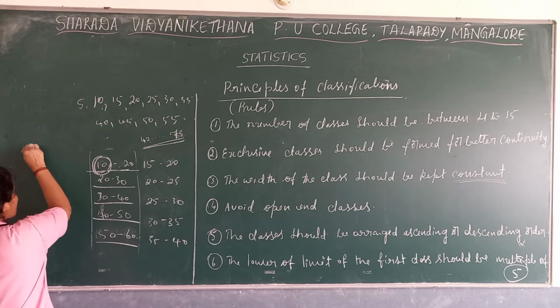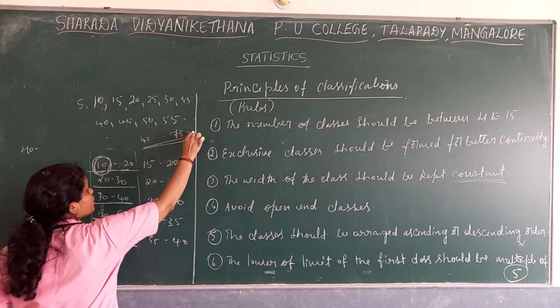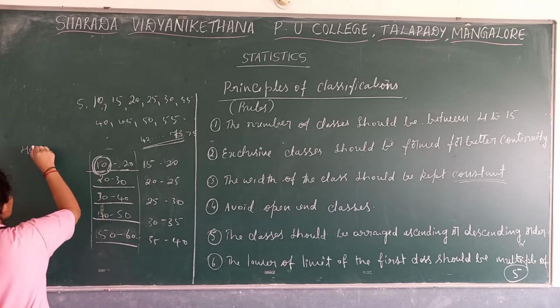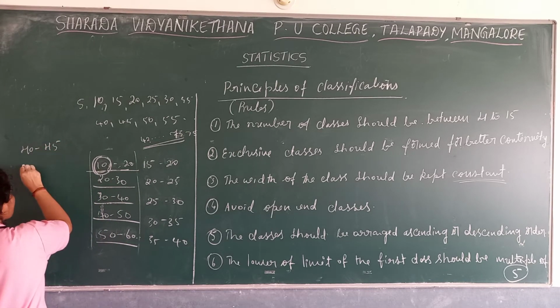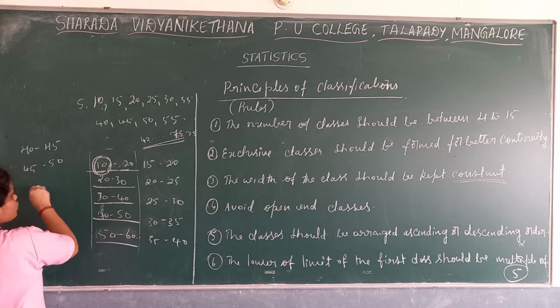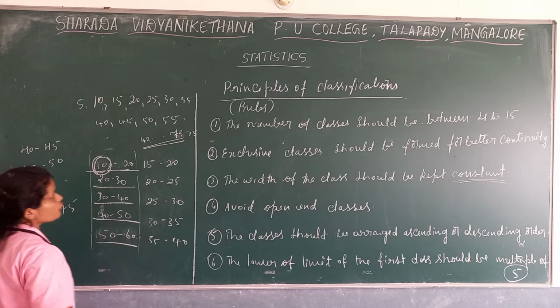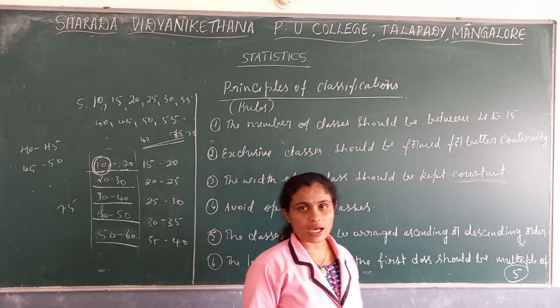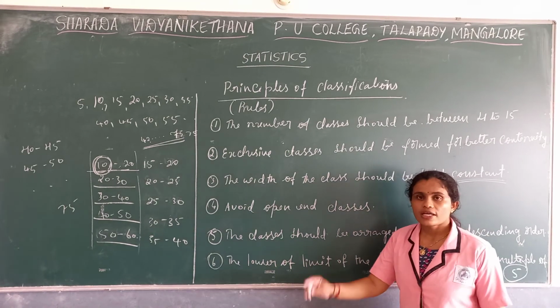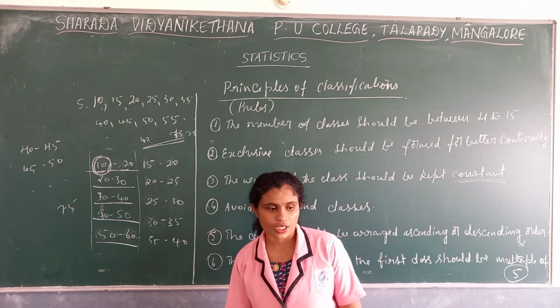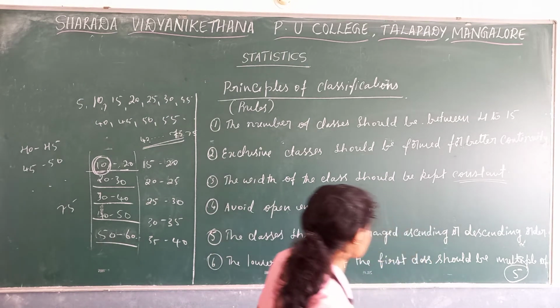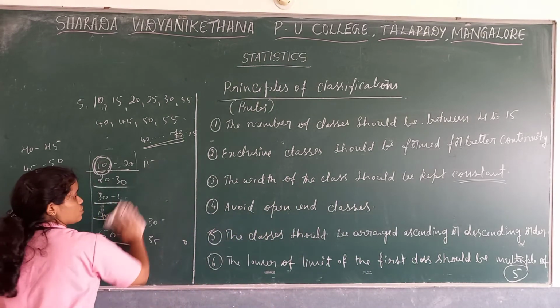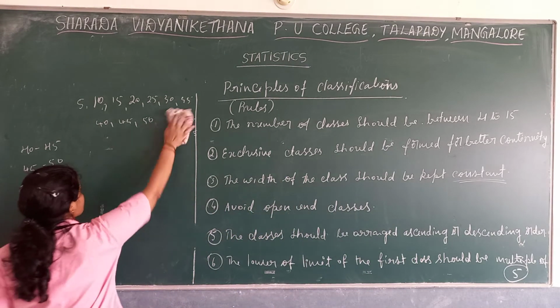We need to start from 40, then we can end with 75. So we take 40 to 45, 45 to 50, and it should go till 75. So depending upon the data, we need to take the first value. It should always be a multiple of 5. So these are the rules of classification.